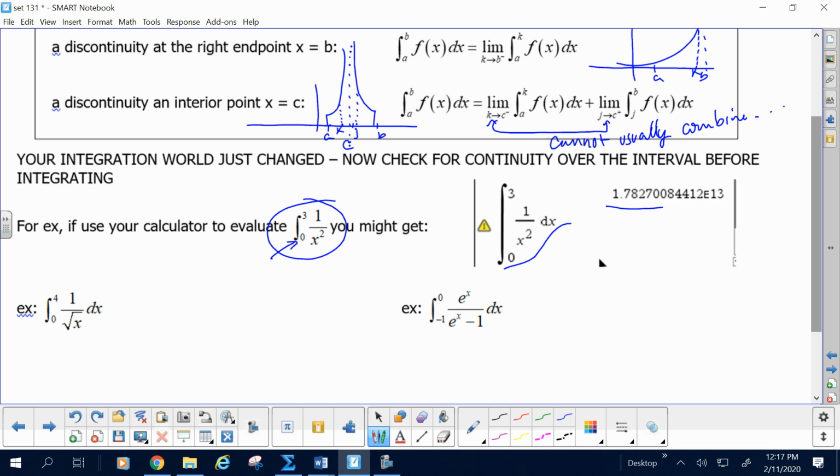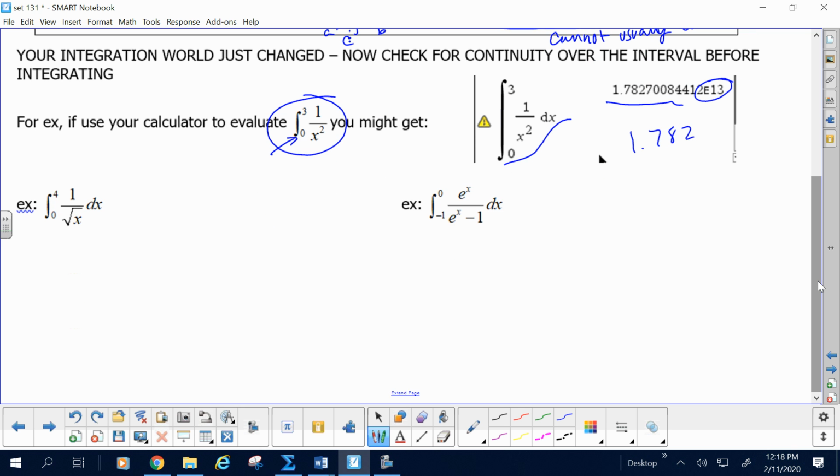I don't even need to integrate it by hand, and I would get people saying 1.782. First of all, are you so lazy you can't move your little eyeballs one little micro inch over? Okay? It's infinite. You need to pay attention to discontinuities. Understood? Okay, so let's practice one or two, shall we?